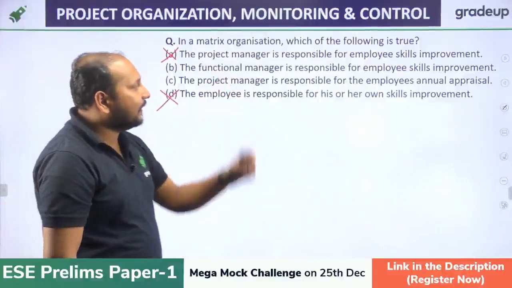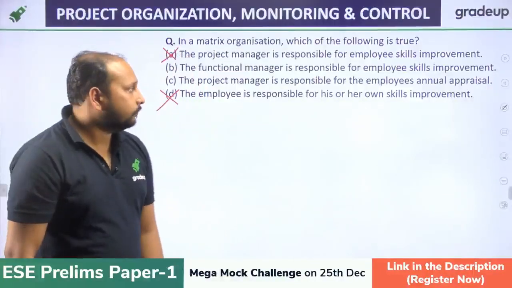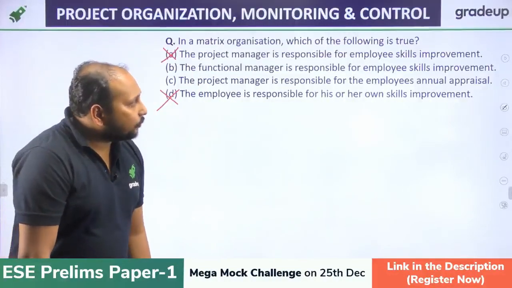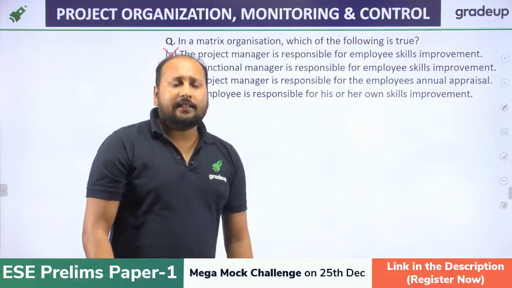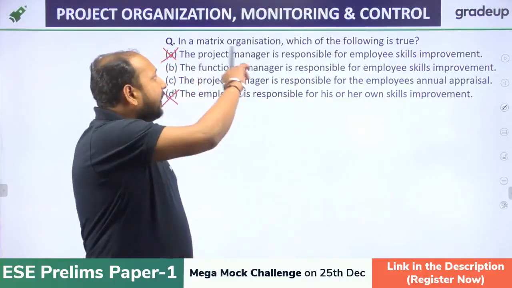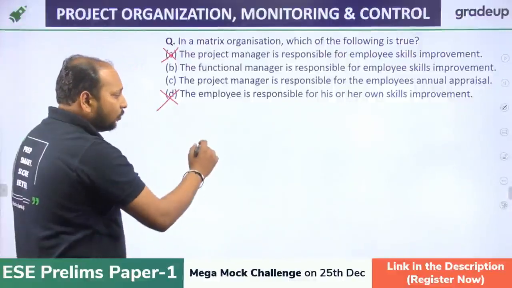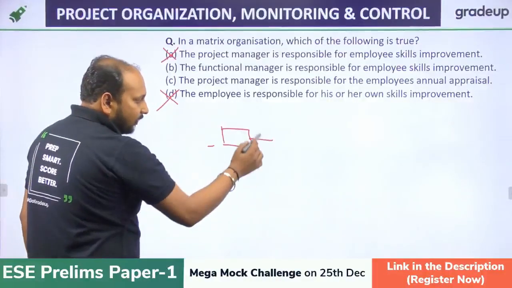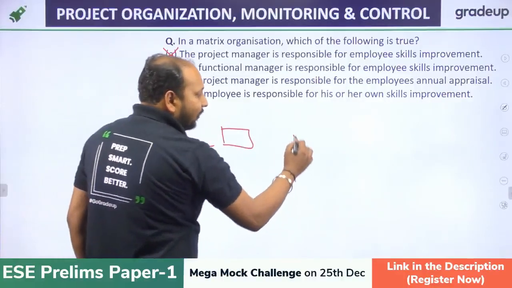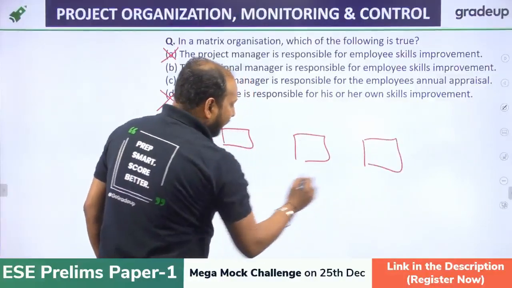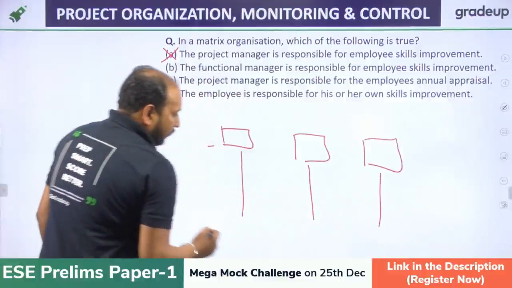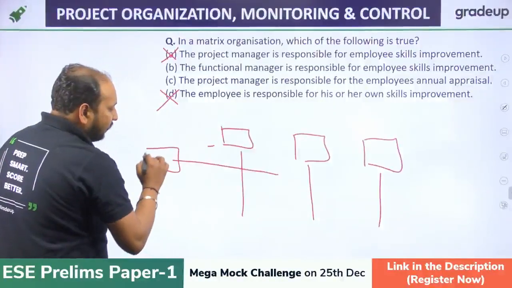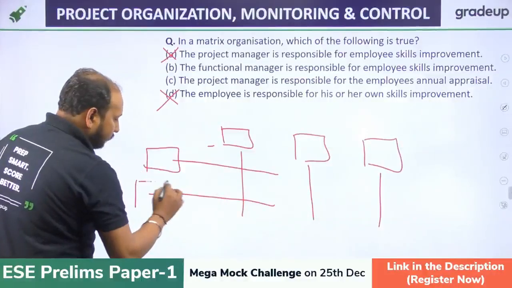Let us see between B and C. Okay, project manager responsible for the employee's annual appraisal. Is it true or false? If you are talking about the matrix organization, remember that matrix organization was something like we are having a construction manager, a structural manager, a mechanical manager, and an individual project manager for all these activities.